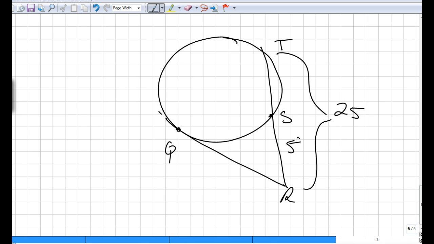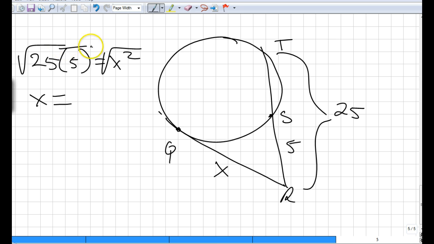And I want to find QR, so we'll let that be X. So it's whole times external equals, and QR is a tangent, so it's the tangent squared. Okay, so take the square root of both sides, so X equals 5 square root 5. So QR has a length of 5 square root 5.